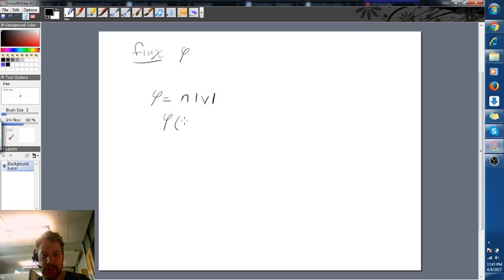You can actually write this out in long form as phi as a function of the state space. I see now why I didn't write it like that.